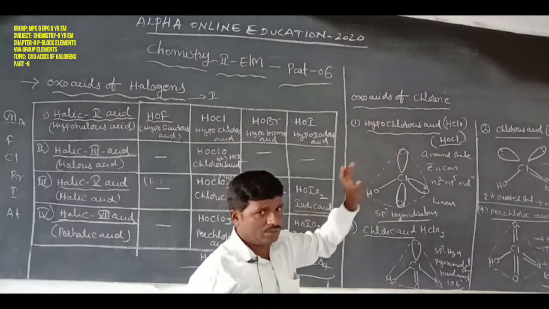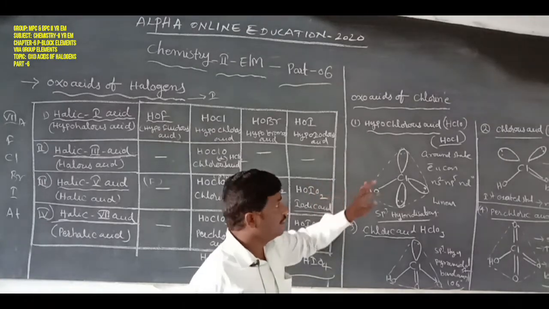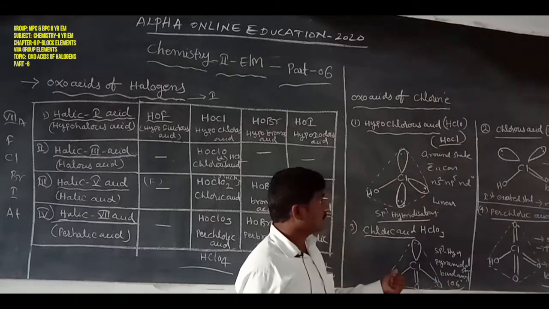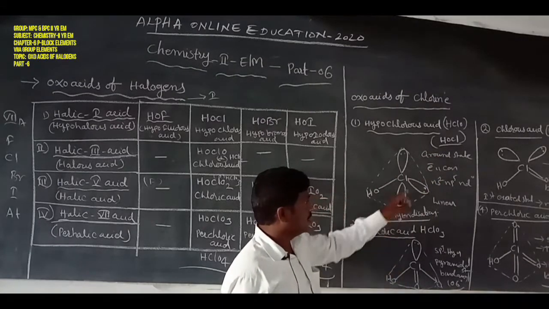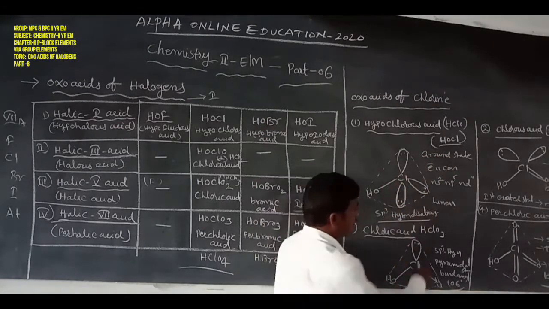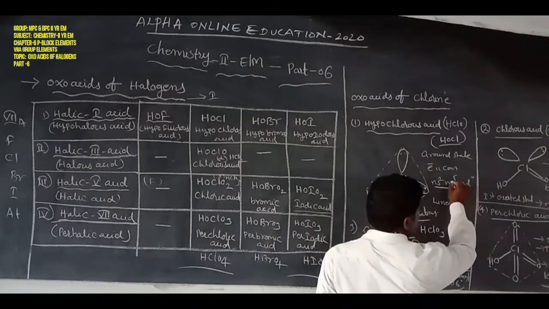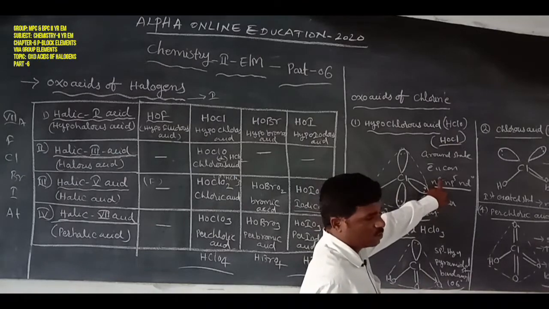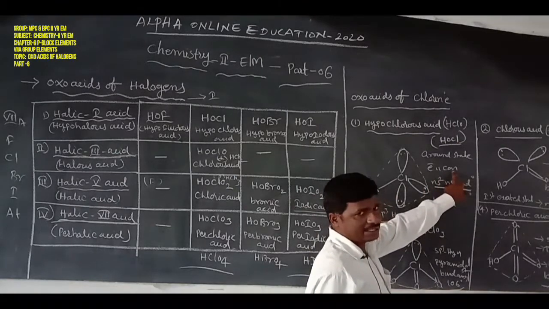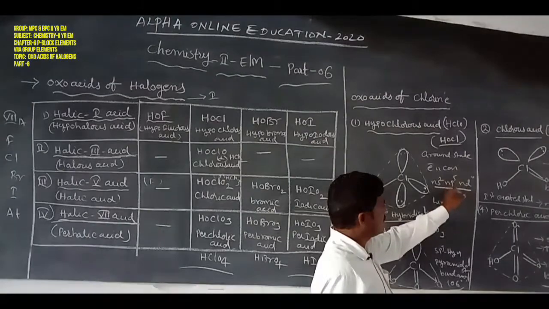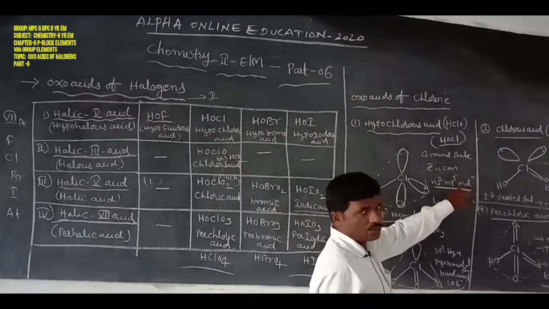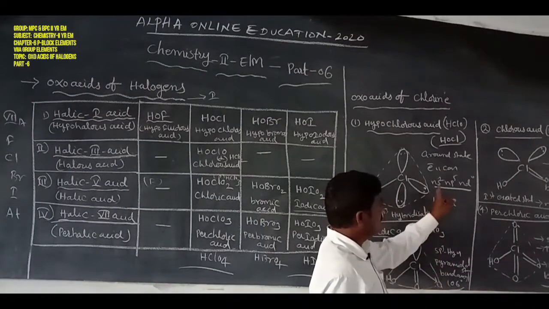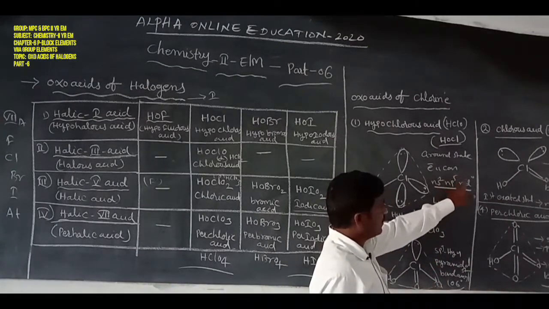The chlorine ground state electron configuration is 3s2 3p5 3d0. The s orbital has 2 electrons and the p orbital has 5 electrons, a total of 7 electrons.